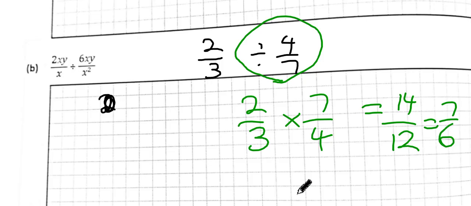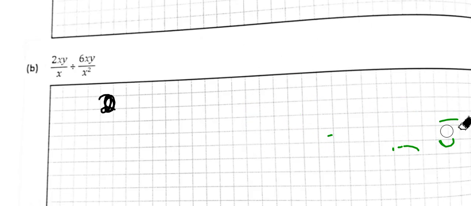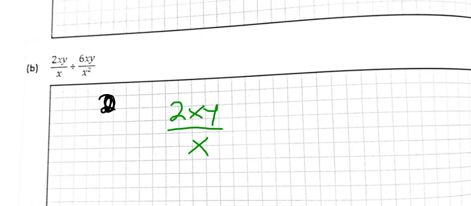So, using the knowledge I just gave you, what do you think you're going to do with the question on the left-hand side? You're going to turn the second one upside down. So you have 6xy. Now remember, anything on the top can cancel anything on the bottom.